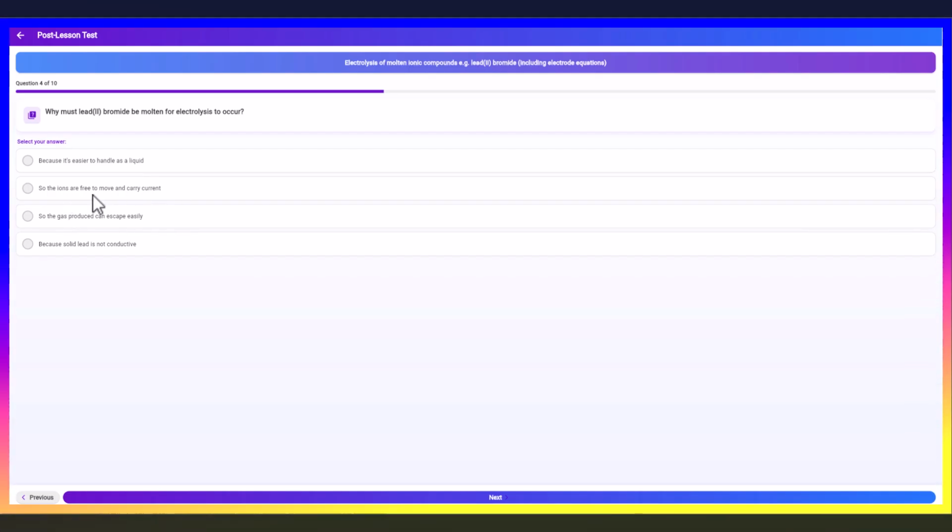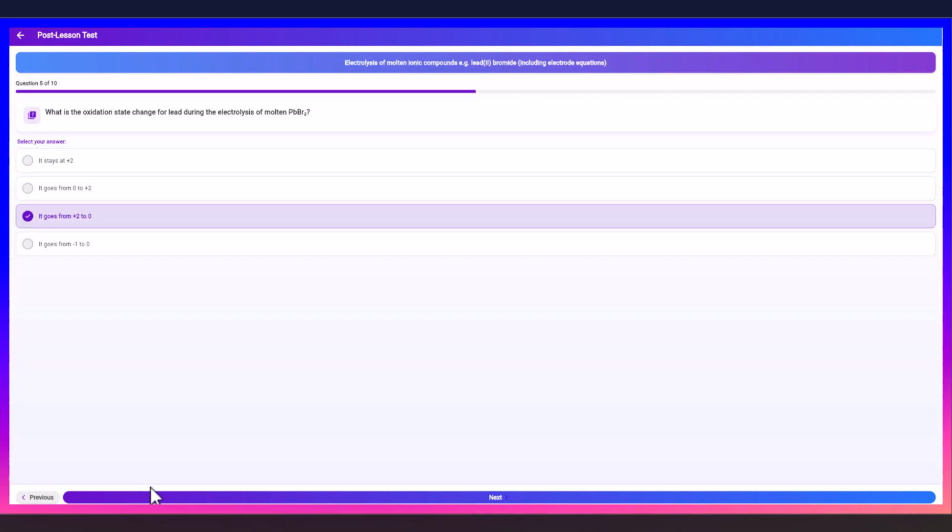Of course they're carrying the current, so it's almost like a wire, but it's a liquid instead of a wire connecting the circuit. Okay. What is the oxidation state change for lead during the electrolysis of molten PbBr2? It's going from +2, it's being reduced. It's going from 2 to 0.